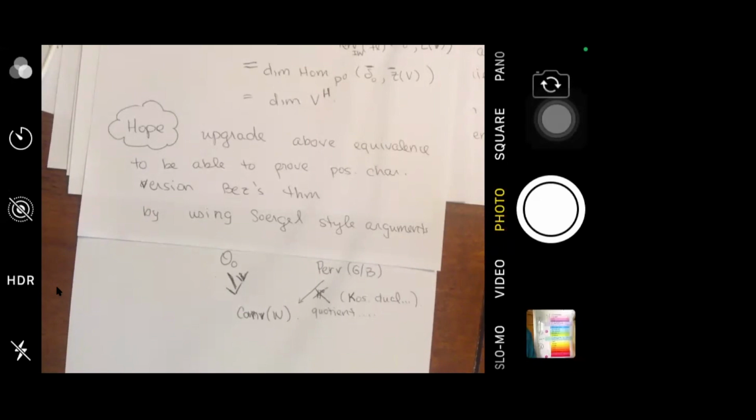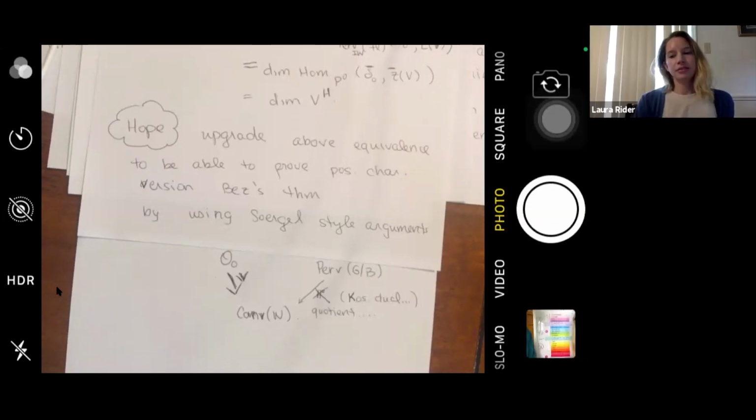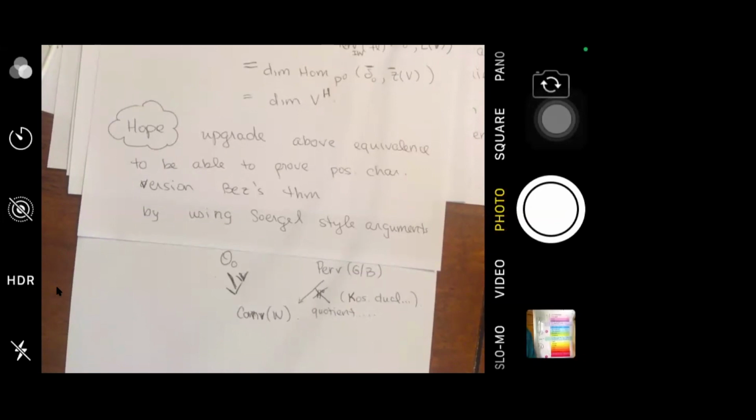And back to Tony's question, if you know both parts, then this result in characteristic zero will be an easy consequence. After all, the theorem that Laura proved is about equivalence of abelian categories.